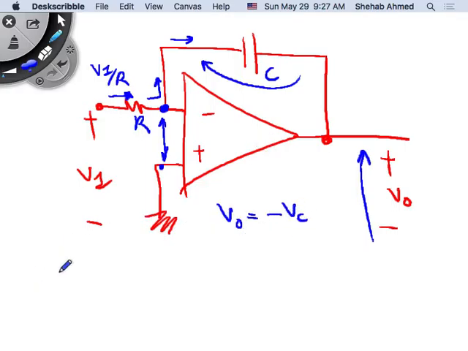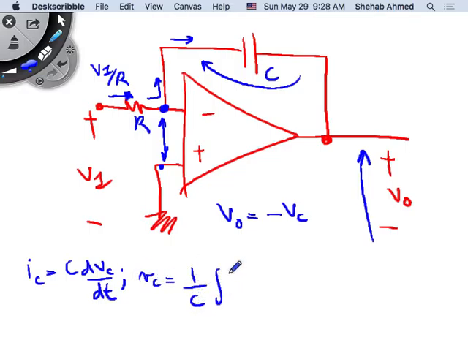From your understanding of capacitors, the current flowing through the capacitor is equal to C dVc by dt. VC, the voltage across the capacitor, which is what we are interested in, is equal to 1 over C integral of IC dt.